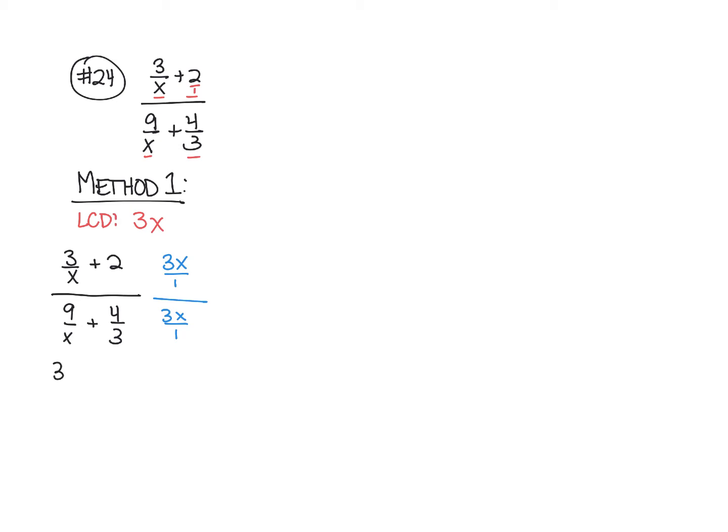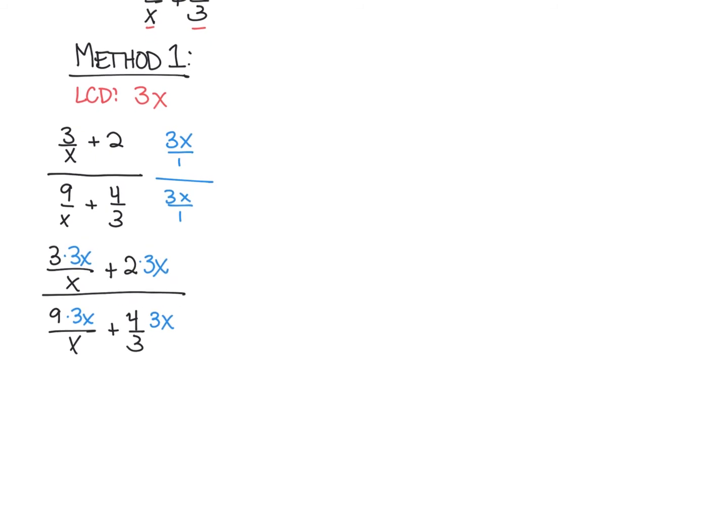We would have 3 times 3x over x plus 2 times 3x. All of this would be over 9 times 3x over x plus 4 over 3 times 3x. Okay, it looks messy. But let's move that up and over just a bit.